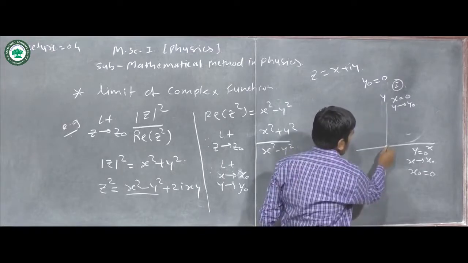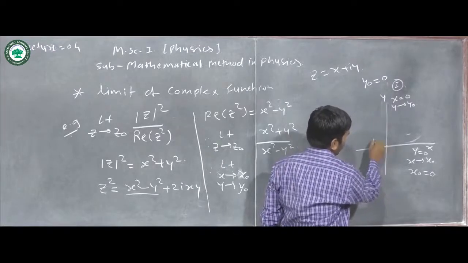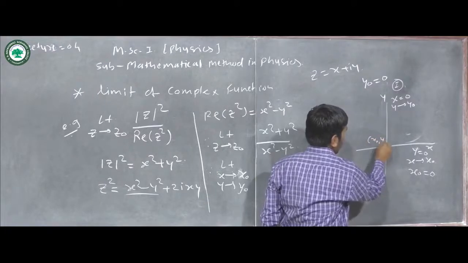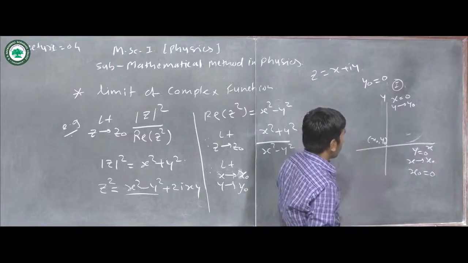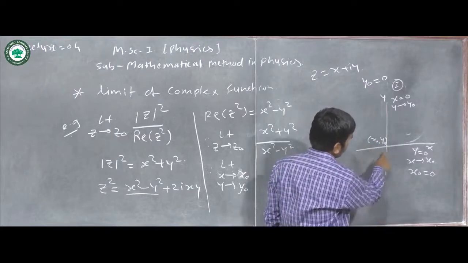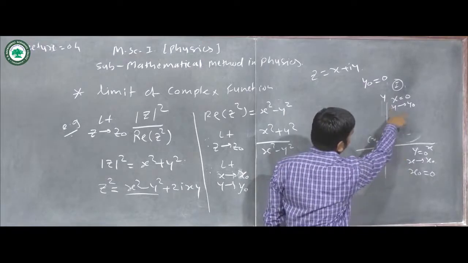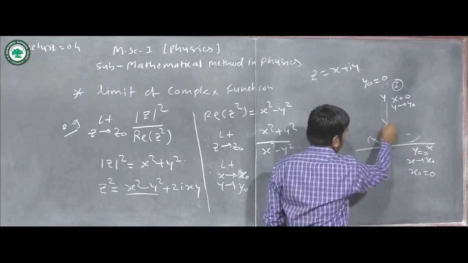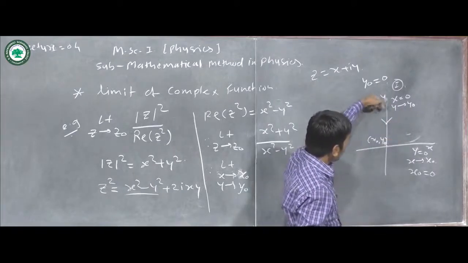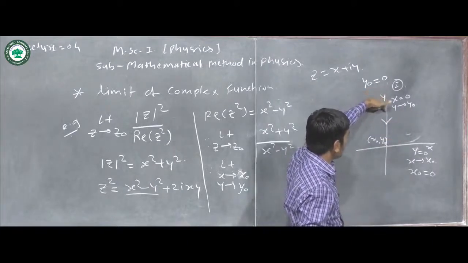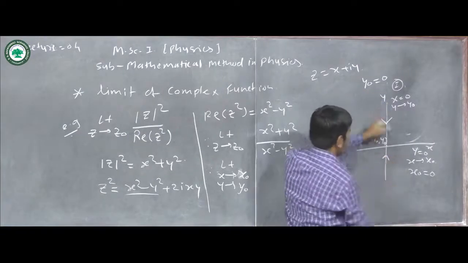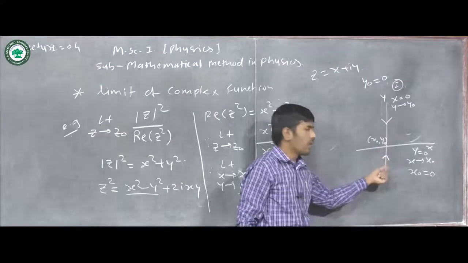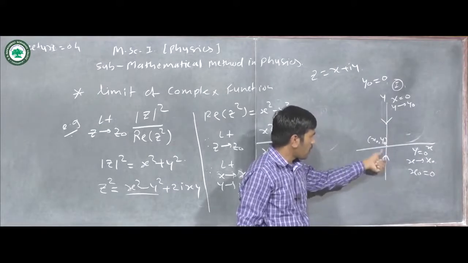So if y is approaching y naught, it can be approached from the positive y axis, and it can approach from the negative y axis.